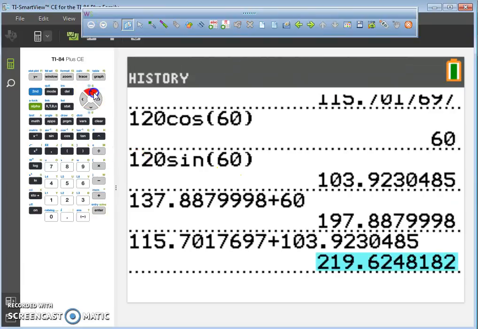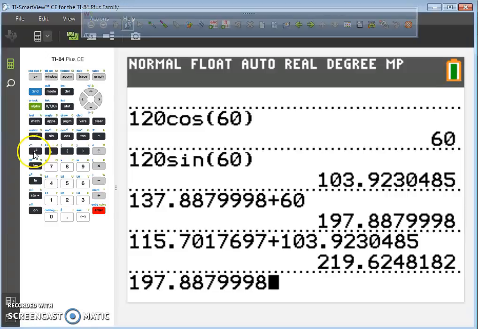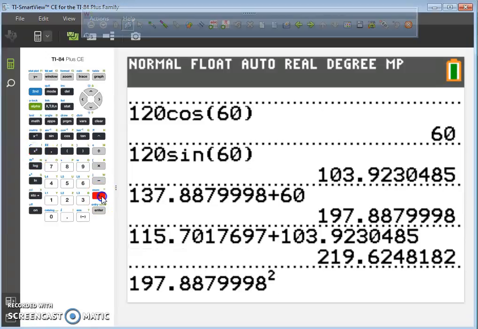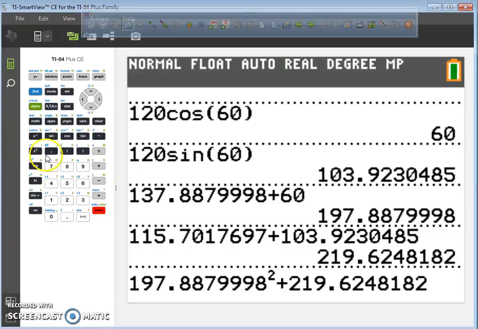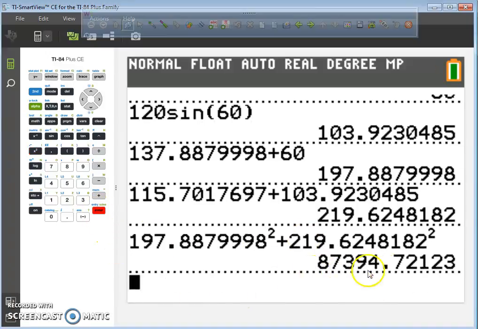So watch what I'm going to do now. I'm going to scroll up, take that, and what am I going to do? I'm going to square it. Plus, go up, grab this guy, I'm going to square him, and this is going to give me a more accurate answer because I'm not rounding it now. I'm going to round it at the very end. Okay? I'm going to press enter. And what do I have to do with this?